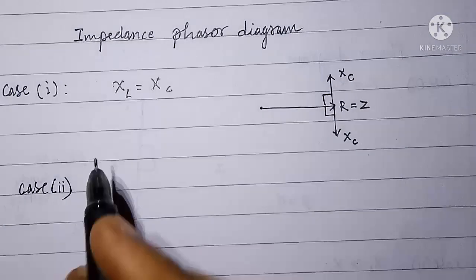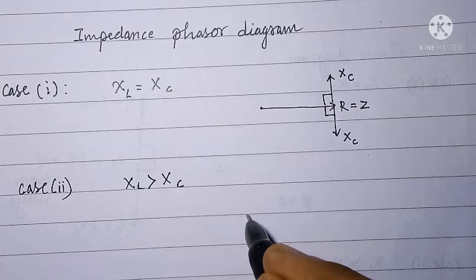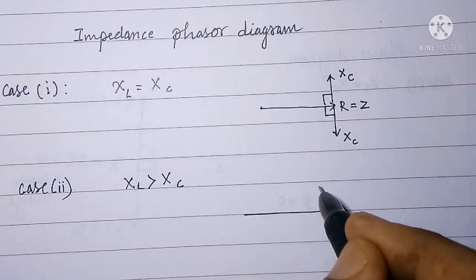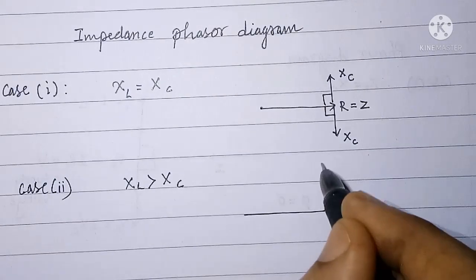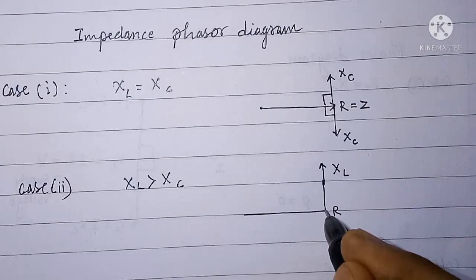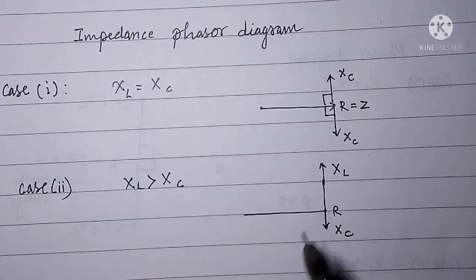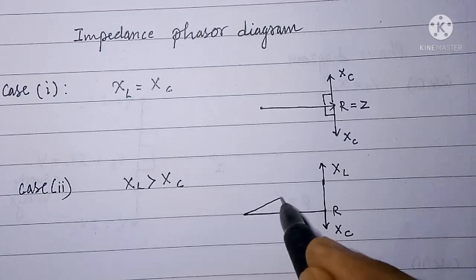Case 2, XL greater than XC. Say XL is here. XC is here. Now XL minus XC is not equal to 0.